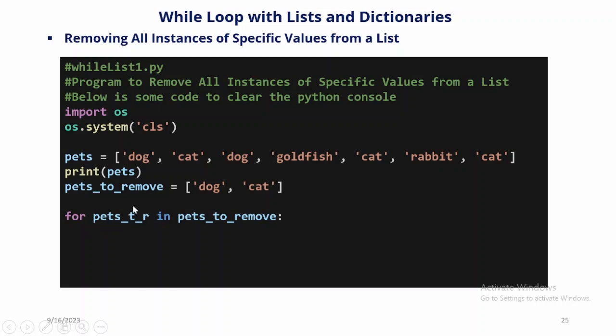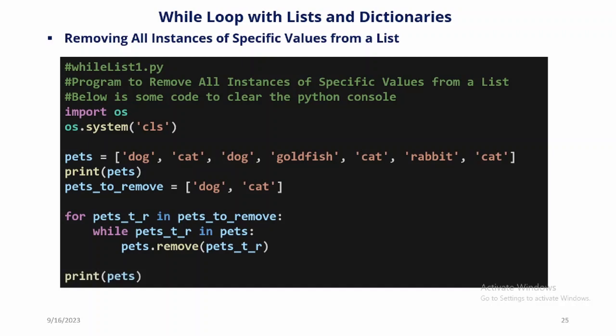For pets tr in pets to remove, while, see, we are now using 2 loops. While pets tr in pets, pets dot remove pets tr, print pets.